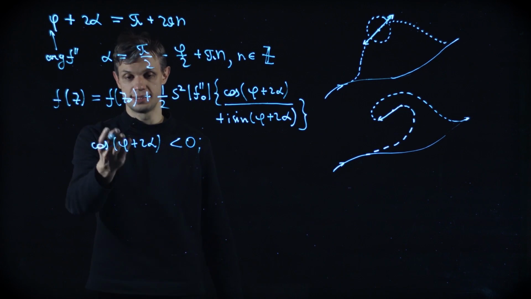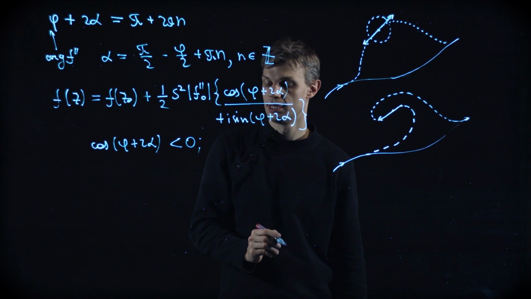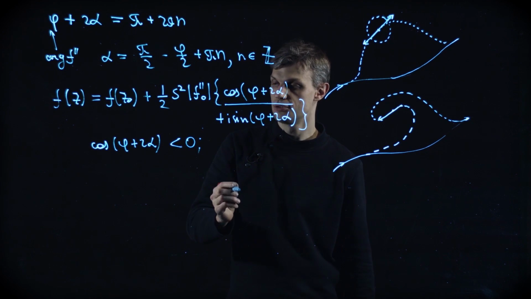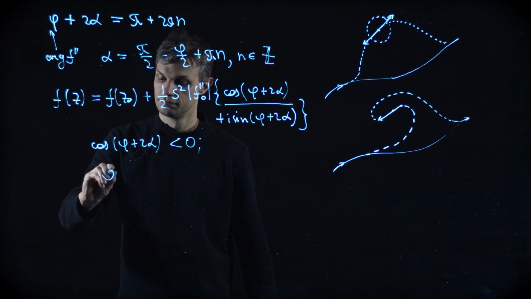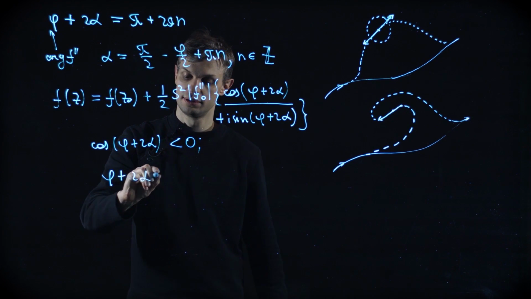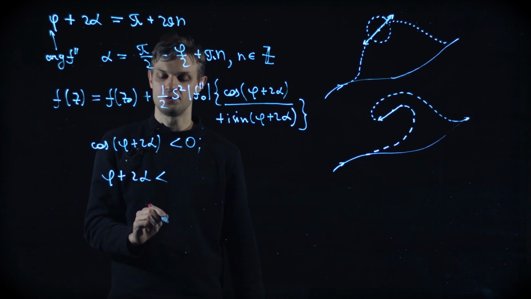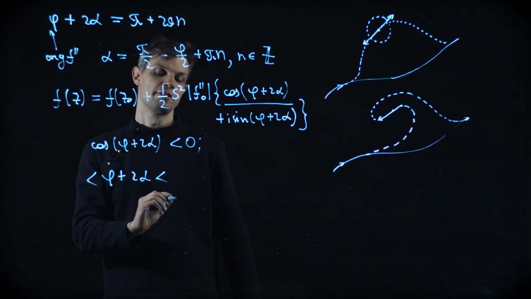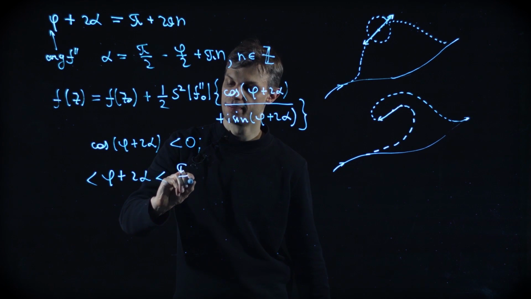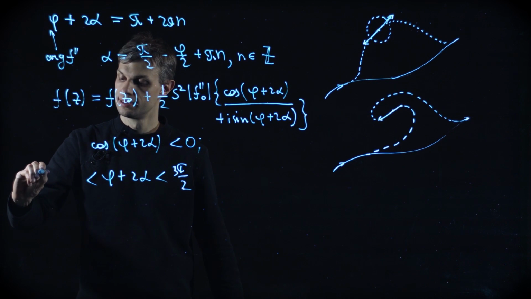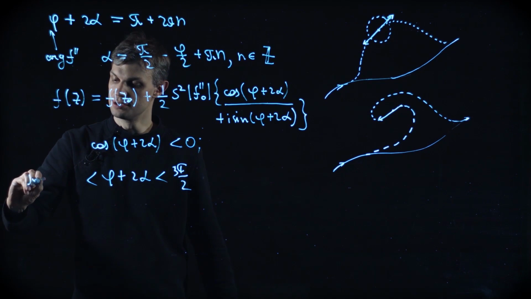Well, let's actually solve this simple trigonometric equation. Well, the solution is trivial. So phi plus 2 alpha should be restricted to the region from pi by 2 to 3 pi by 2.